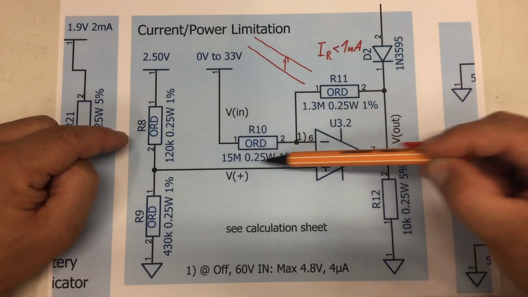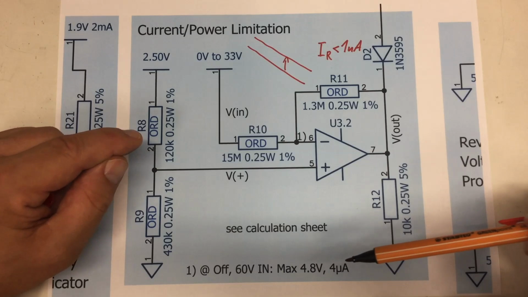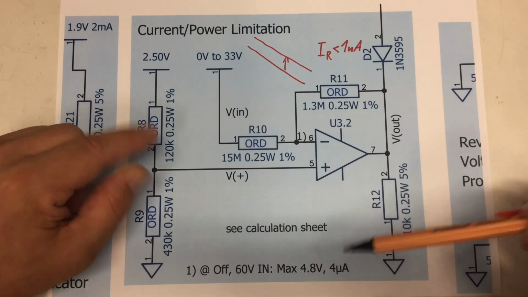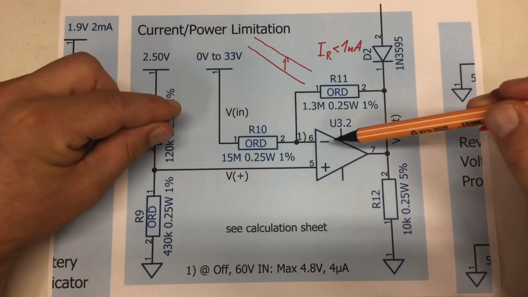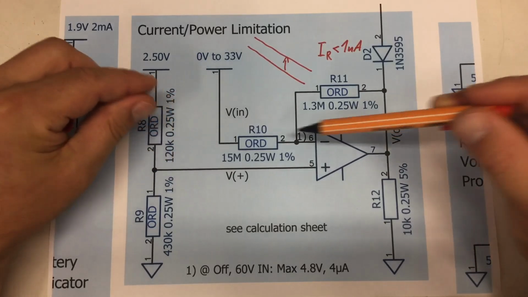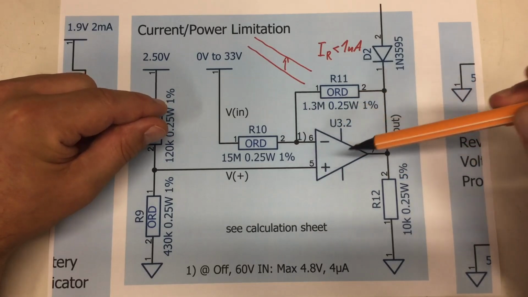You see 15 meg here, a current of maximum 4 microamps. And I'm hoping, I do not know, that the op-amp will survive that.